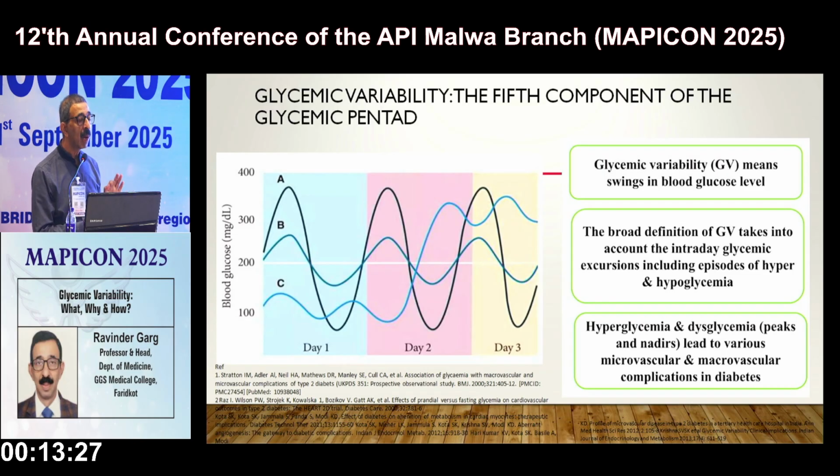Patient B, a very stable patient, very small swings around the baseline. And what is happening in patient C? Patient C does not have intraday variation. Within the day the patient's glucose remains stable, but interday fluctuations are again great. So both patient A and C have a high glycemic variability, and patient B has the most stable glycemic control.